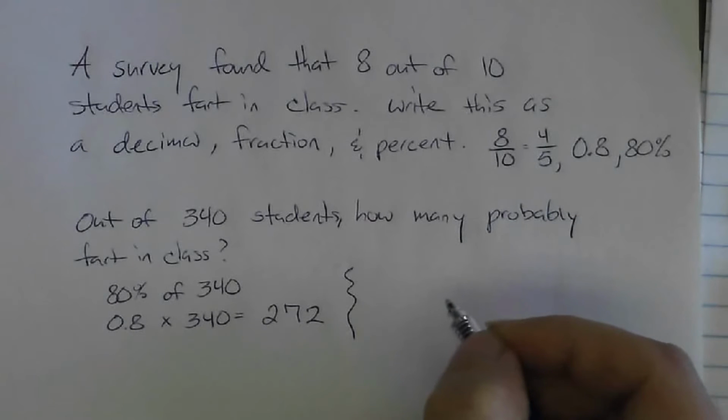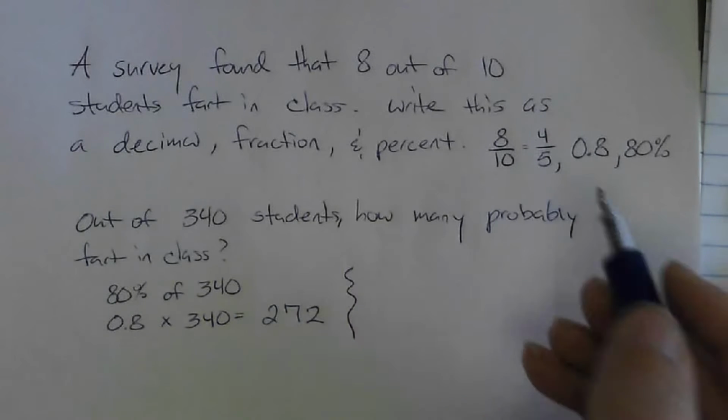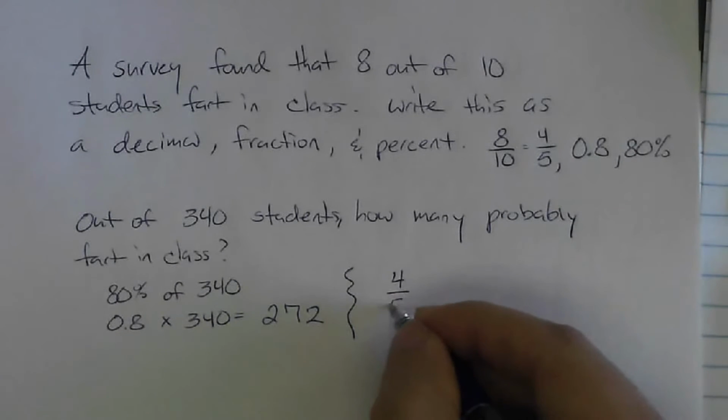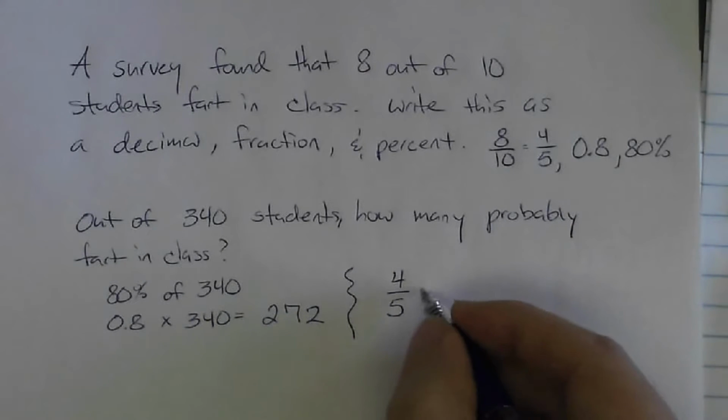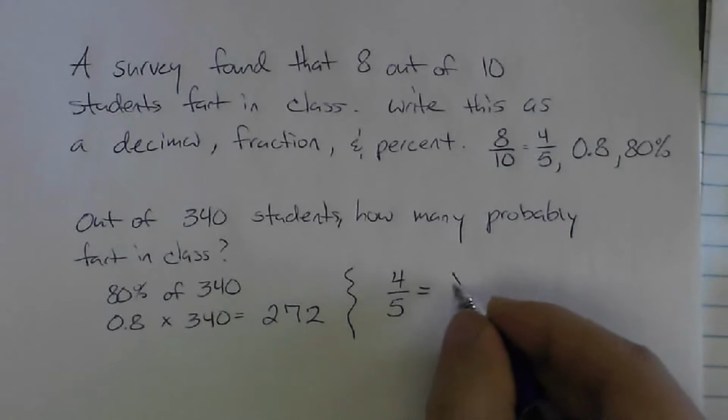I told you there were 2 ways to do this. The other way is using cross products. So we can use either of these fractions. I'll use the reduced one, 4 over 5, although if you used 8 over 10, you'd still get the right answer. So 4 over 5 is going to equal how many out of 340?